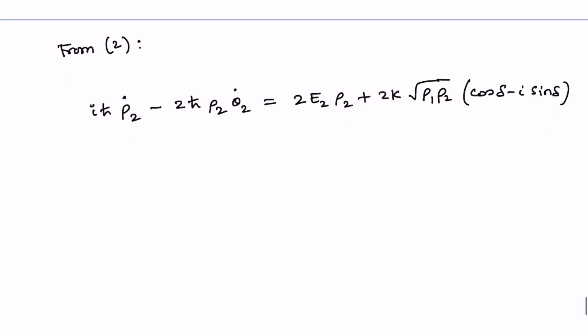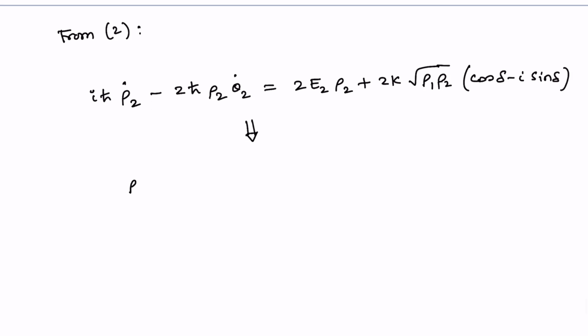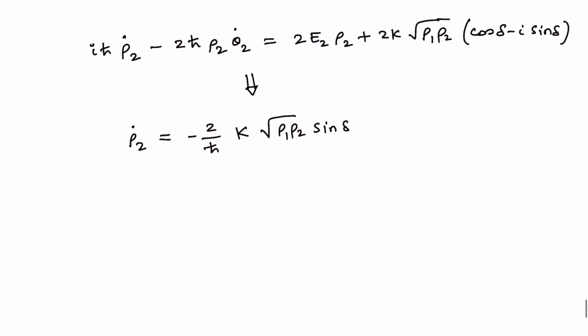Again comparing the real and the imaginary parts, you are going to get rho 2 dot is equal to minus twice h bar k square root of rho 1 rho 2 sine delta, and theta 2 dot is equal to minus k by h bar square root of rho 1 by rho 2 cos delta minus E2 by h bar.